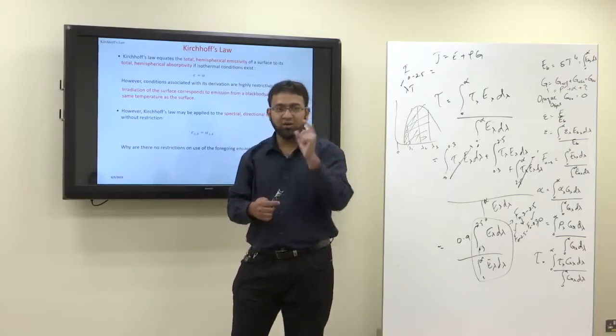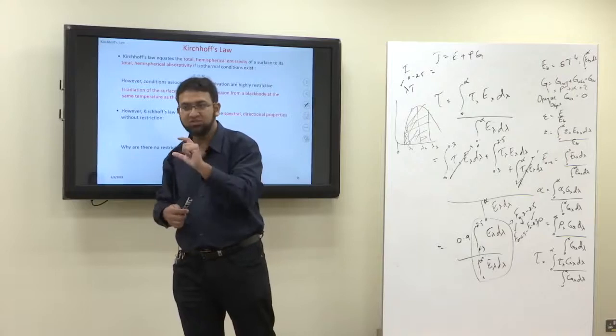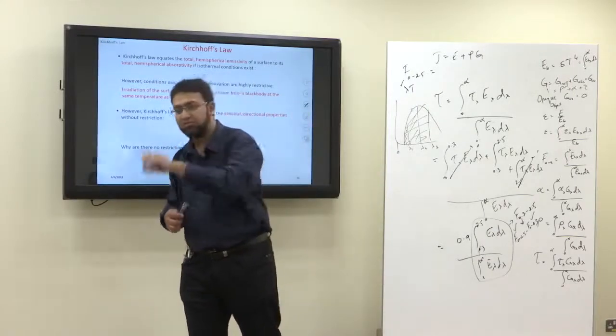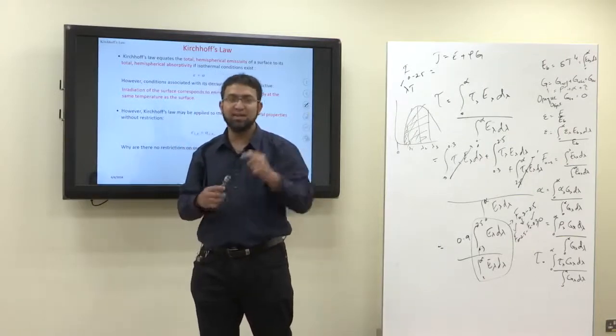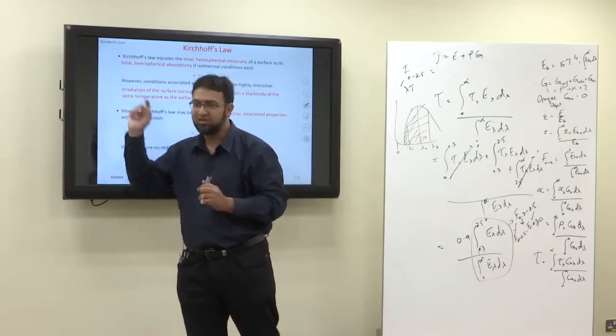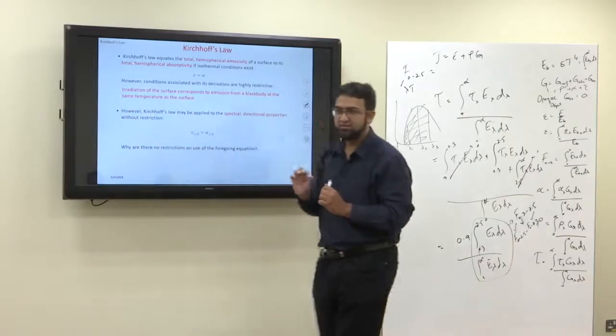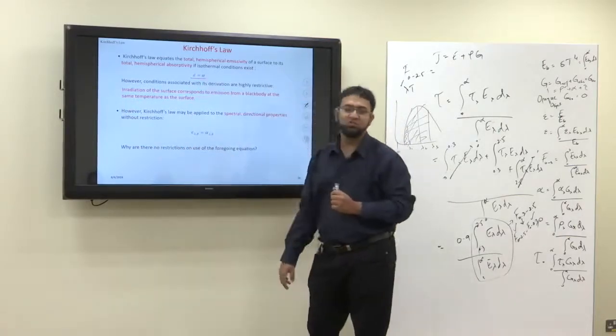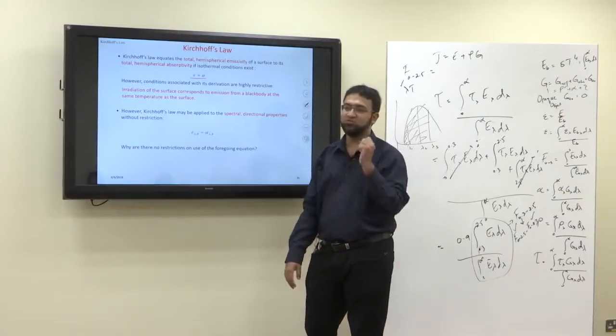Okay, but a body which has a fixed temperature means the amount of absorbed energy is the same as the amount of emitted energy. In other words, its emissivity is equal to its absorptivity. Is it clear? So that's what it says. Epsilon is equal to alpha. This is Kirchhoff's law.